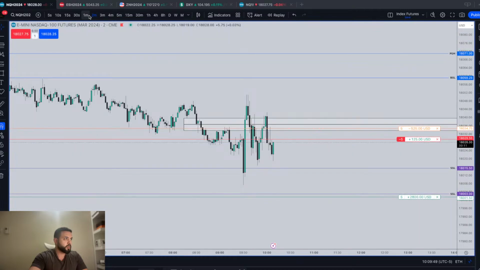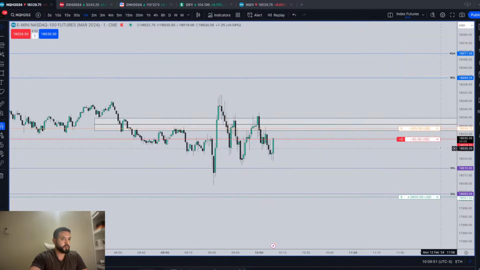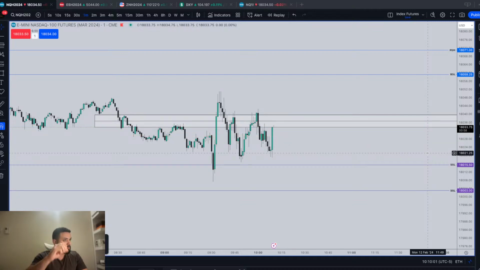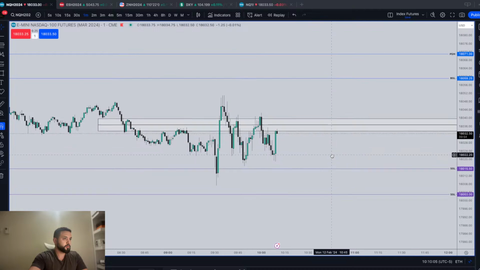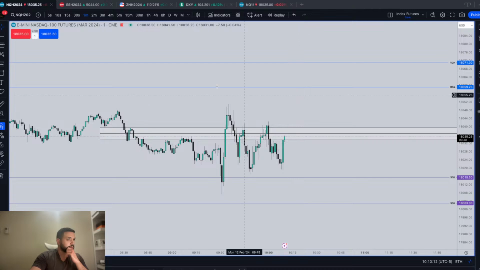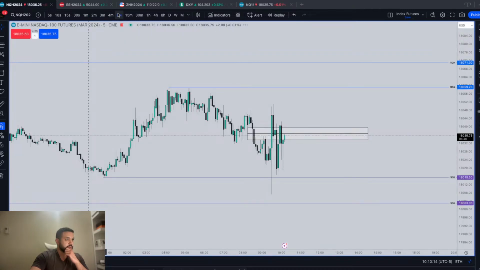Looks like we're stuck in this tight range. Very aggressive chop right now, so now that I've seen it do this, I'm gonna be very, very nimble.